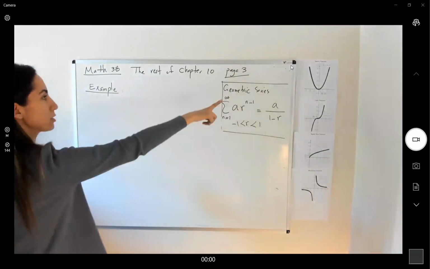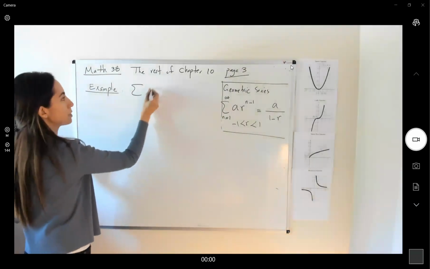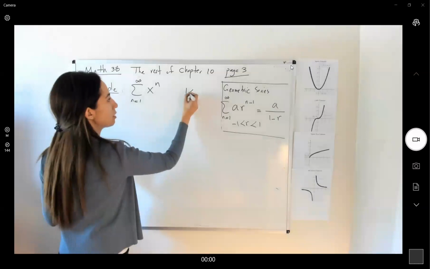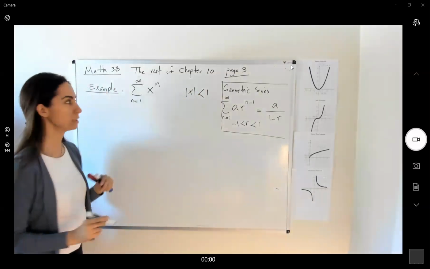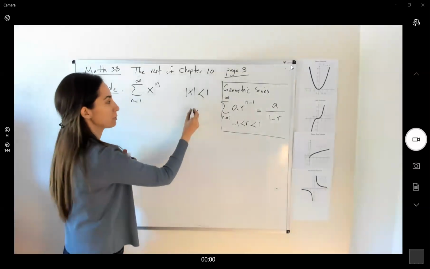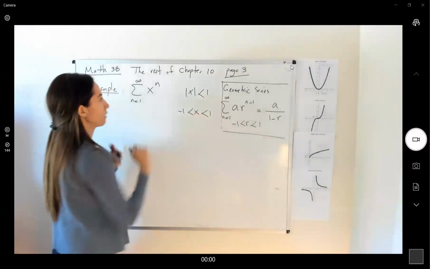So by following the geometric series, the sum of x to the n, n from 1 to infinity, with the condition that the absolute value of x is less than 1, means that x is sandwiched between -1 and 1. This is equivalent to this.